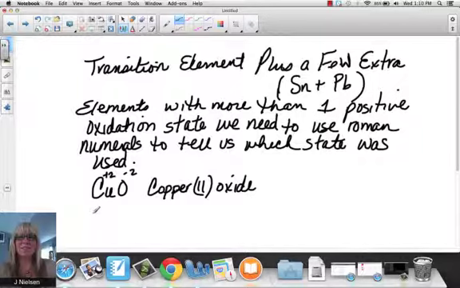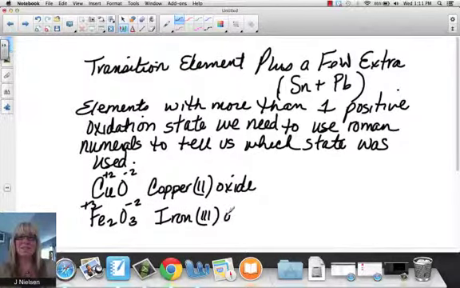If I write Fe2O3, I know that this 2 came from here and this 3 came from here, because when we drop and cross, we go up and over. So this would be iron, Roman numeral 3, oxide.